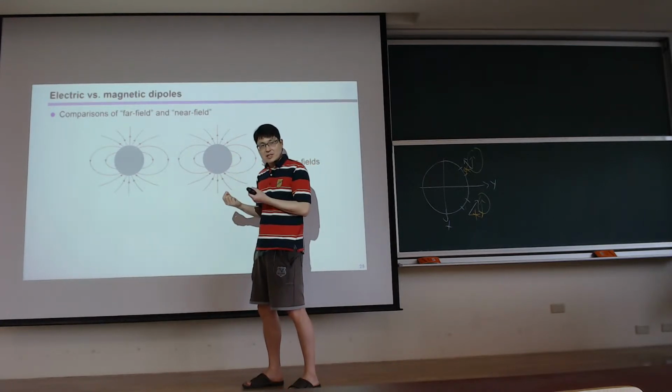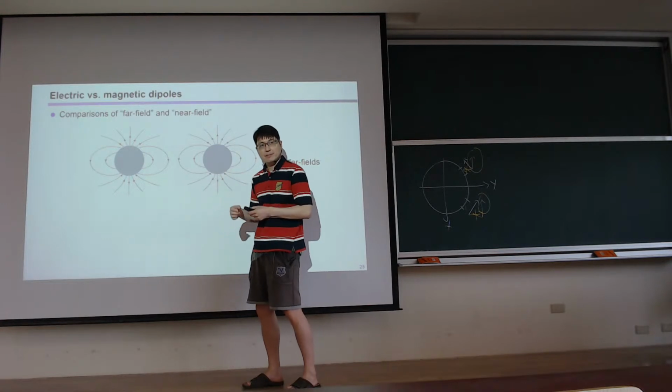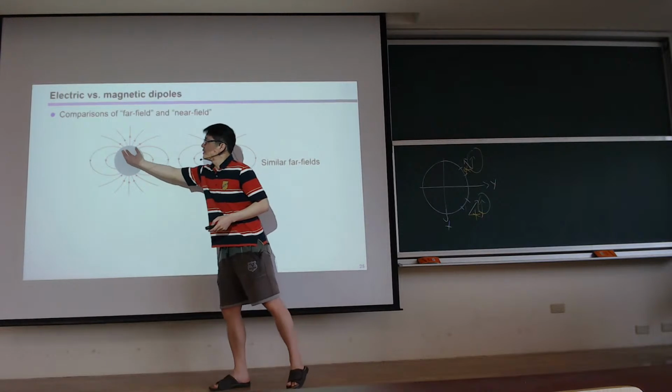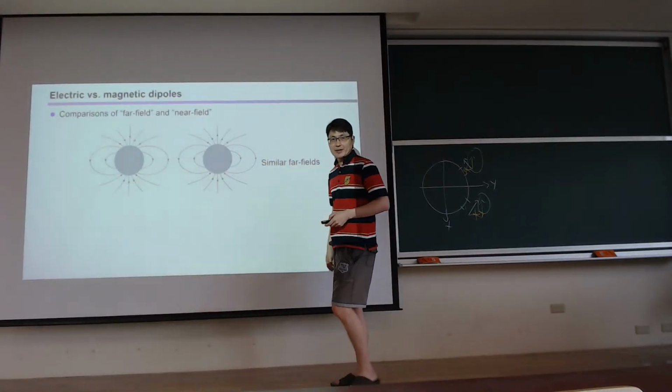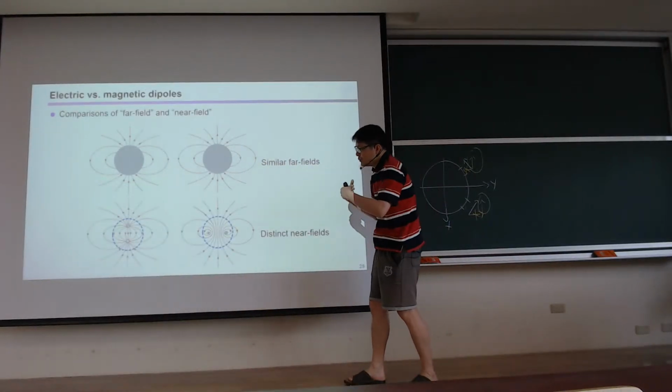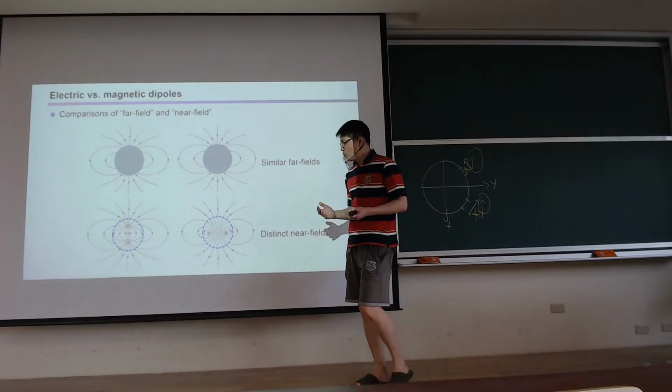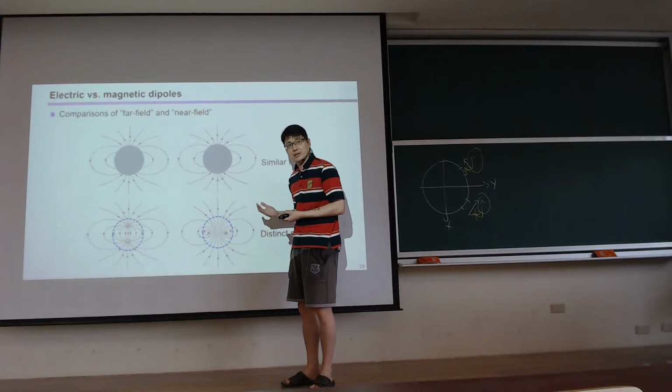So your distance is very close, which means you move into the gray areas. If you move into the near field, you would see, wow, they are so different.